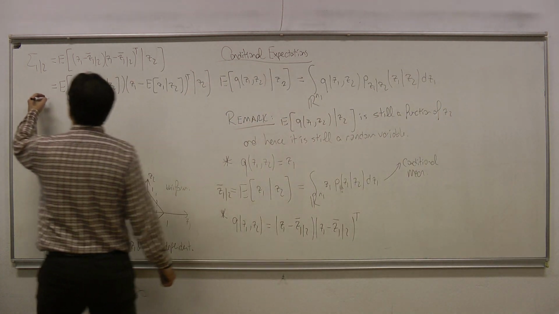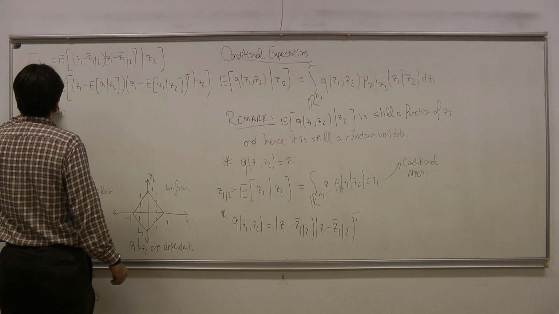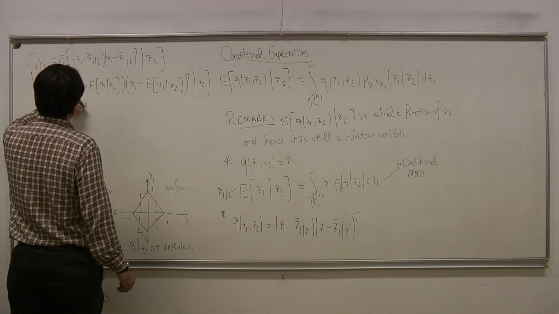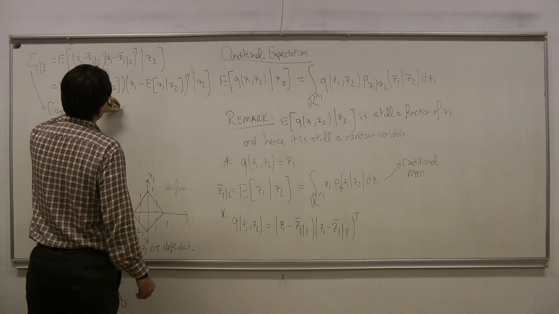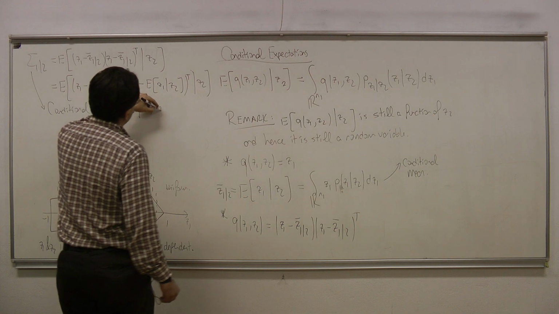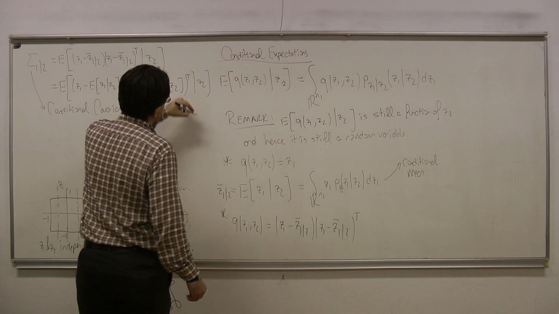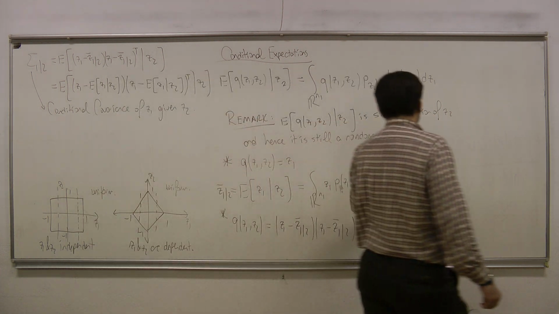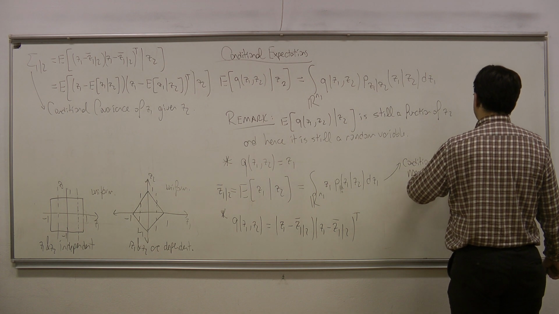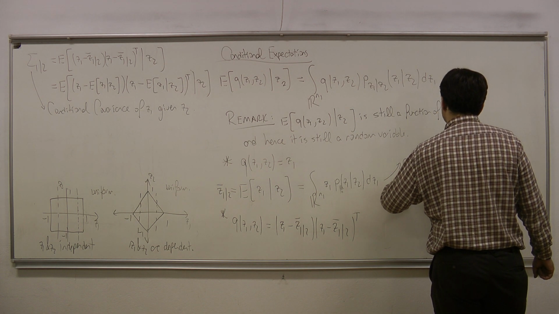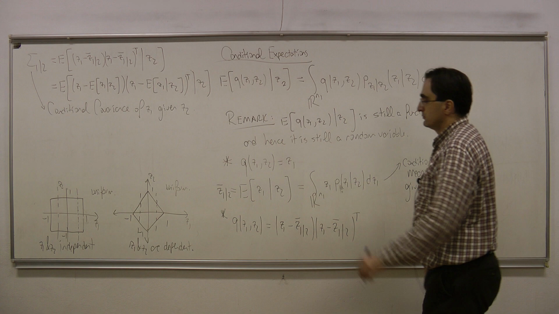This is nothing but the conditional covariance of z1 given z2, and this is the conditional mean of z1 given z2.